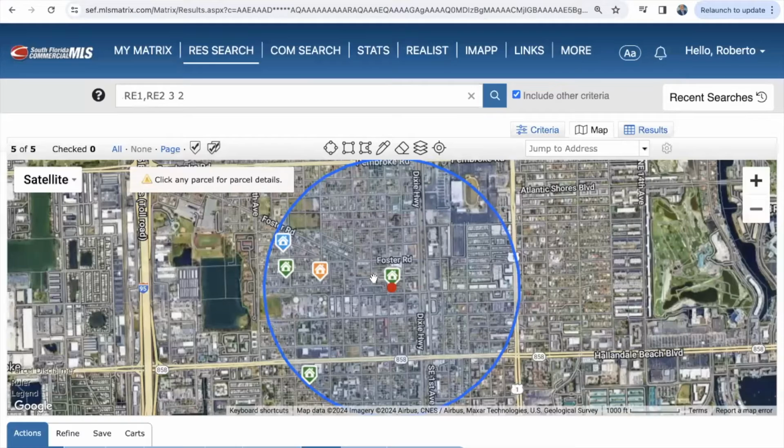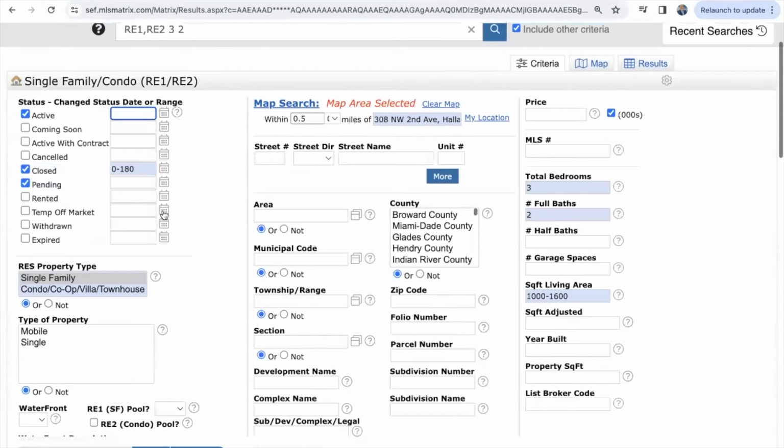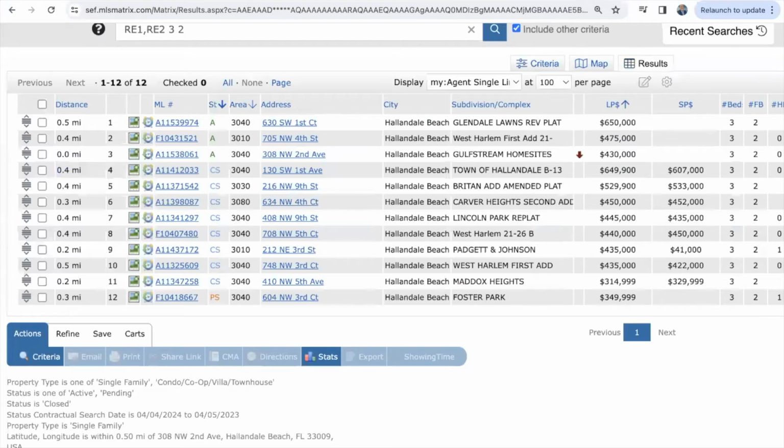Okay. So I'm gonna go back to criteria and I'm gonna try and get some more examples, see if we have more examples that help us with our price.